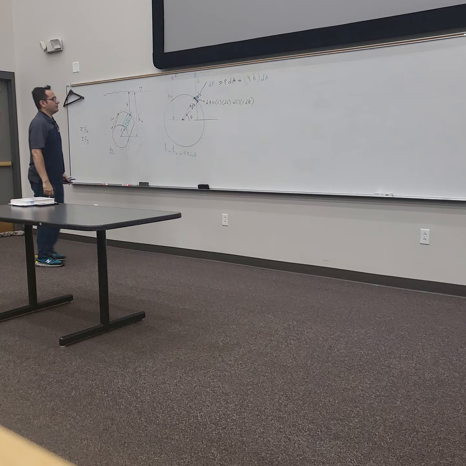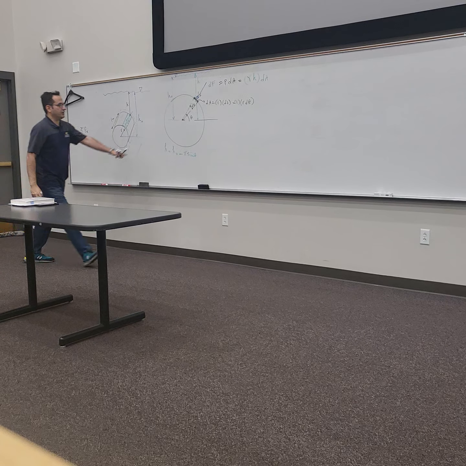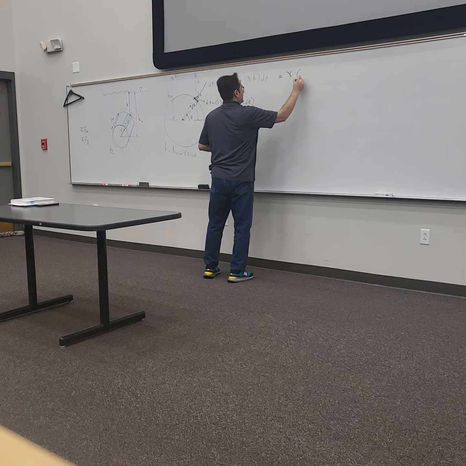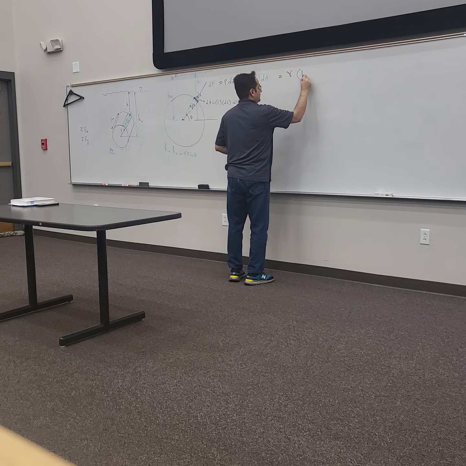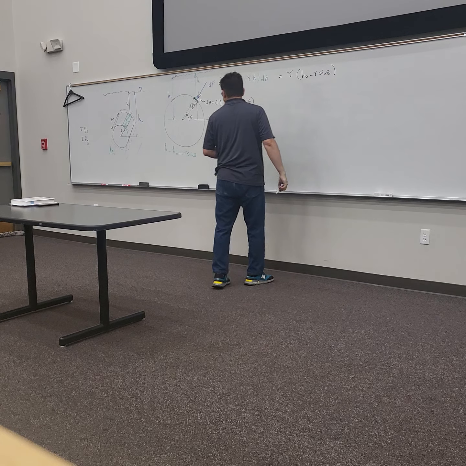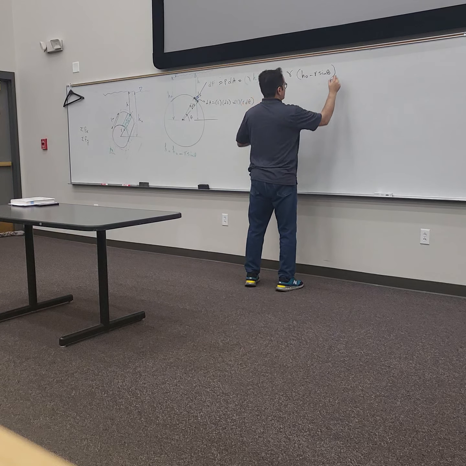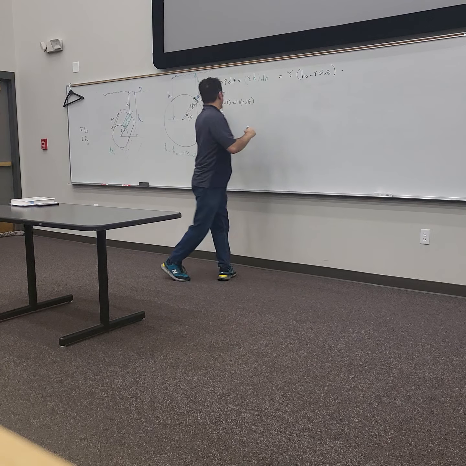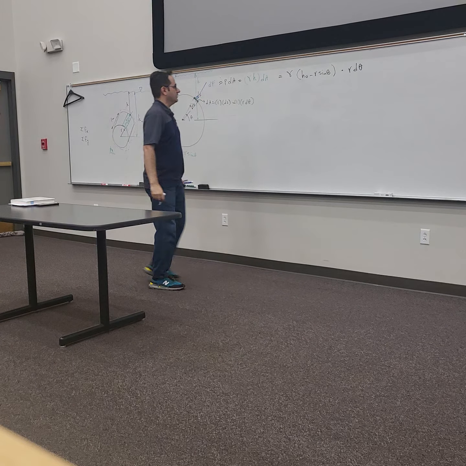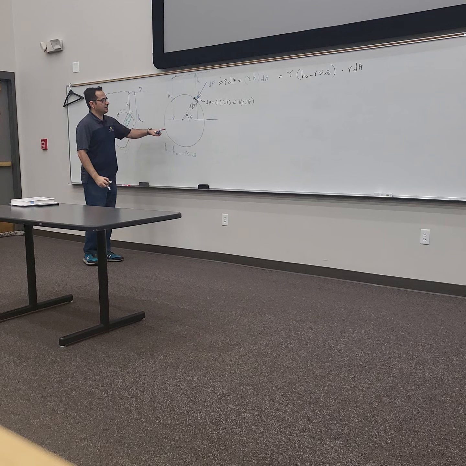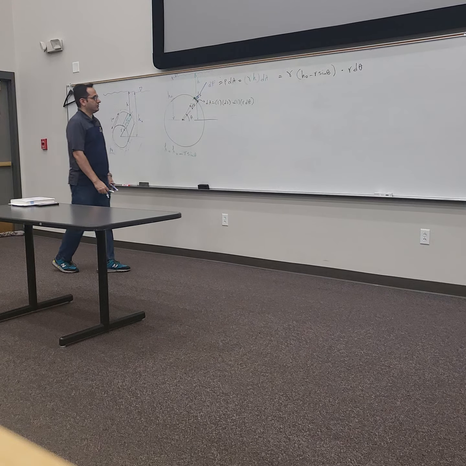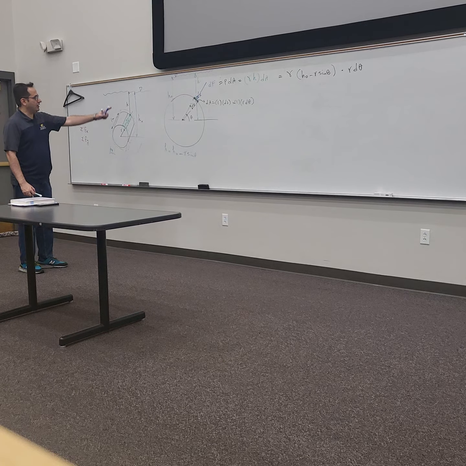So H0 minus R sine theta is your H. Plug it in here, so you're going to get gamma times H, which is H0 minus R sine theta, times dA, which is R d theta.